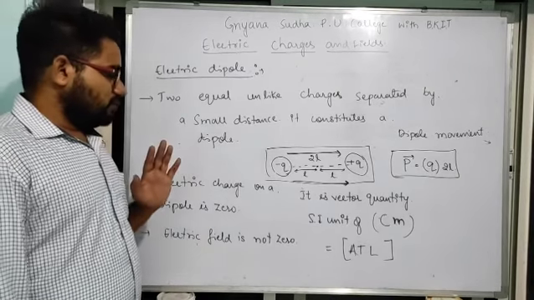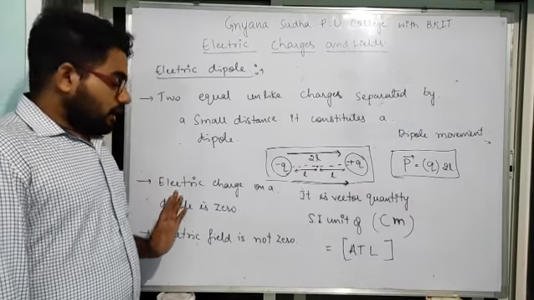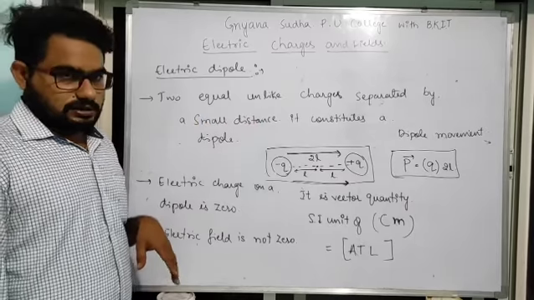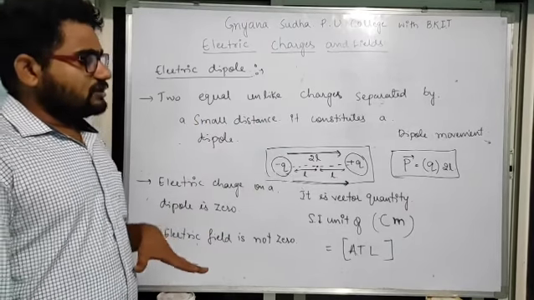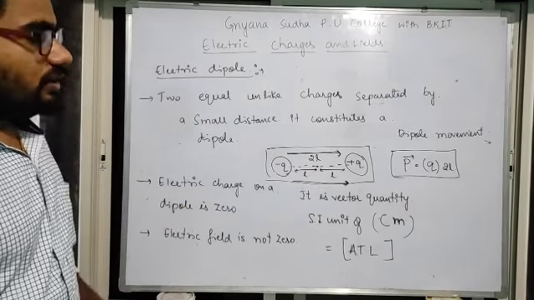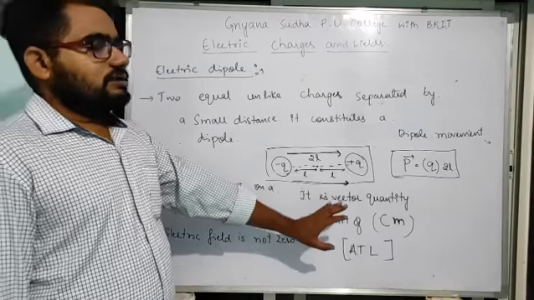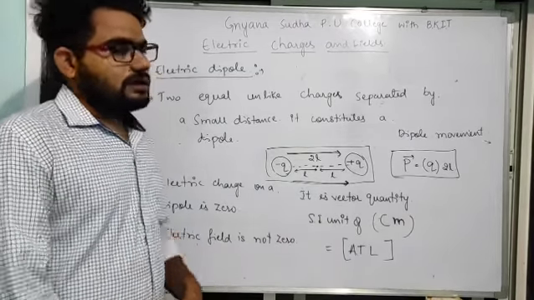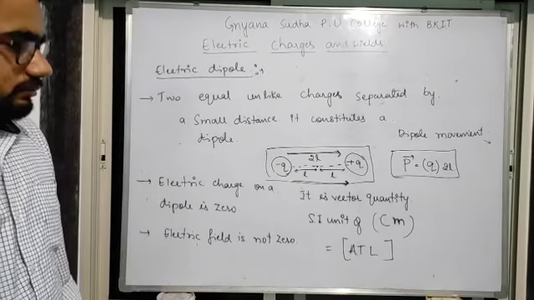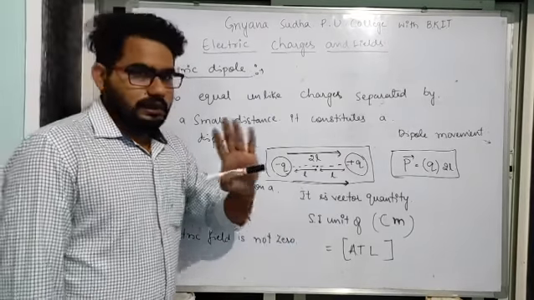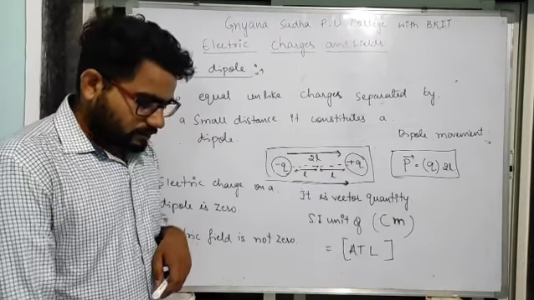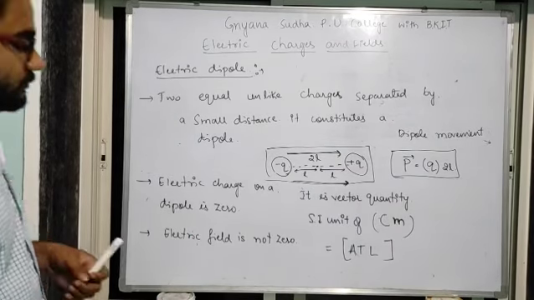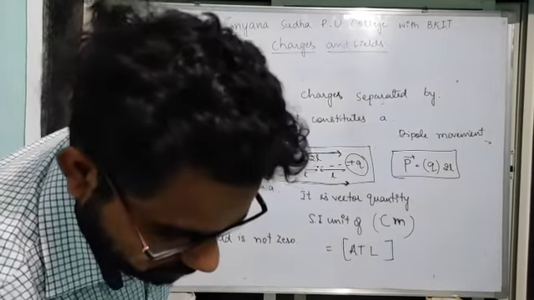Electric charge on a dipole will be 0. Electric field is not 0. SI unit of dipole moment is coulomb meter and dimension is ampere time length. ठीक है, यहां से हम ये बता सकते हैं. Okay, moving on to next.